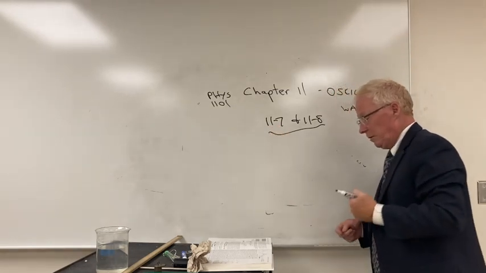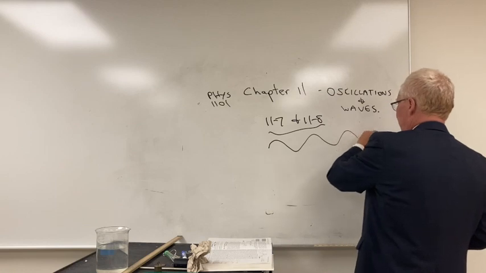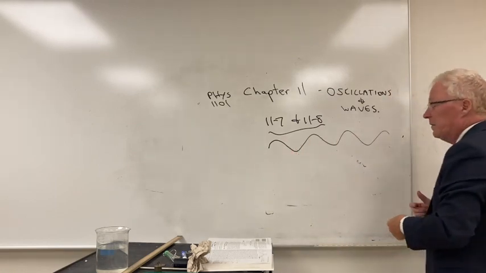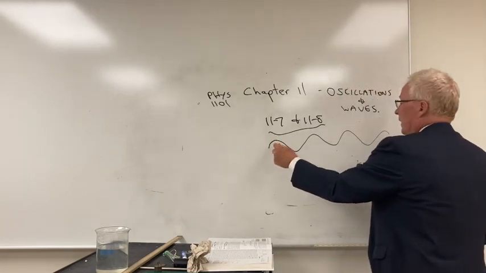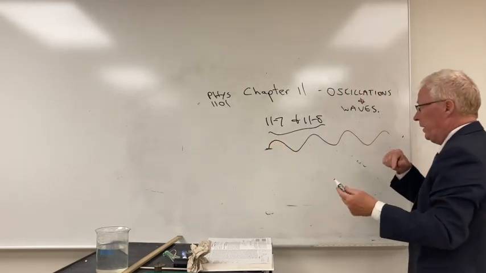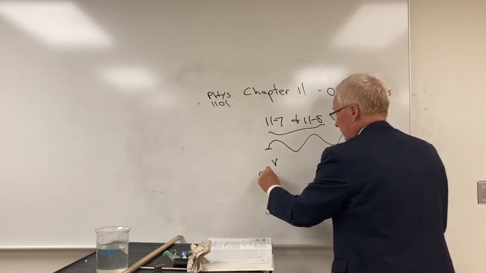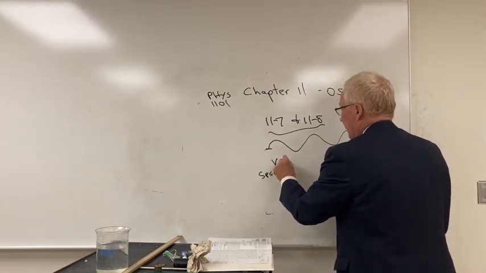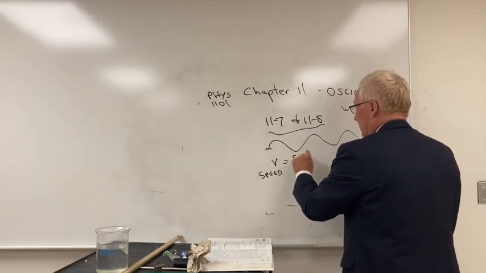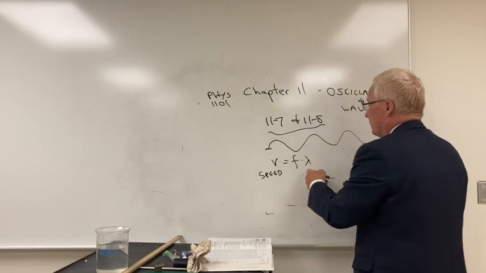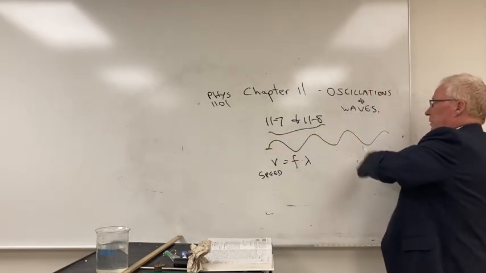All right, so when we talk about waves, we have a wave that is moving down. This could be a water wave, and we'll see sound waves. If it's a water wave, it has a particular speed, and that's given by the frequency times the wavelength. The frequency is how fast the waves come by a given point.